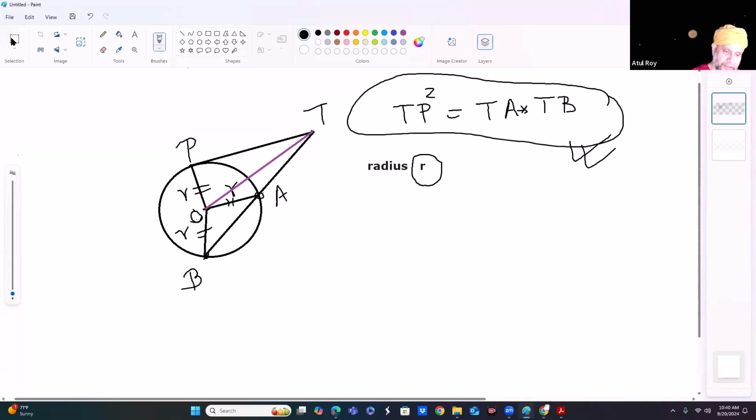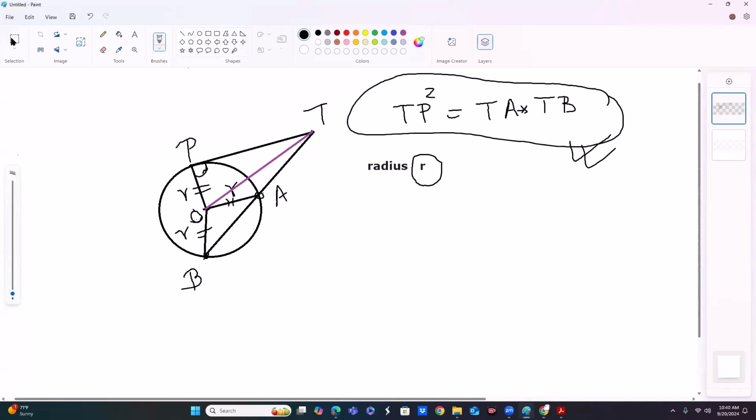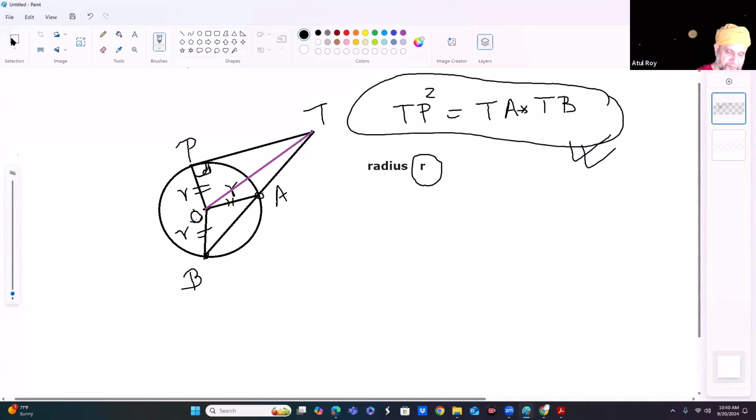Can you tell me what this angle is? 90 degrees. Very nice, beautiful. So this angle is 90 degrees, right? If this is 90 degrees, then we can look at the right triangle.